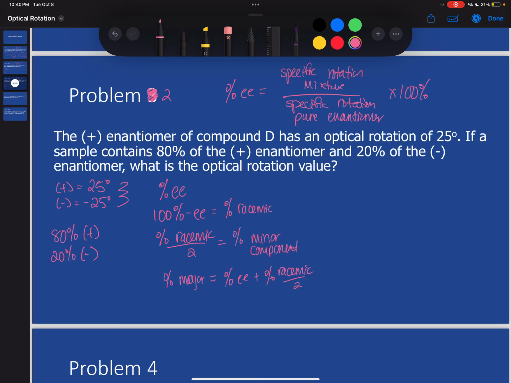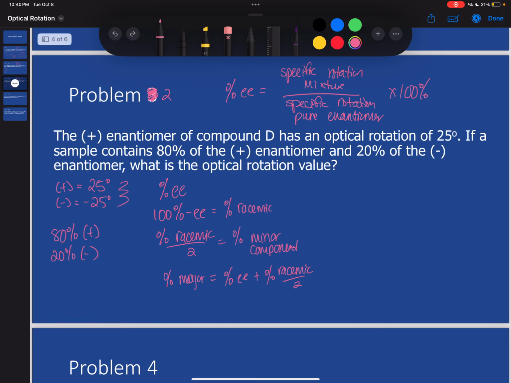Okay, so I want to do this backwards. I already know that my major is the positive enantiomer because there's more of it. So that means that the minor is going to be the negative enantiomer, which is just the 20% here.